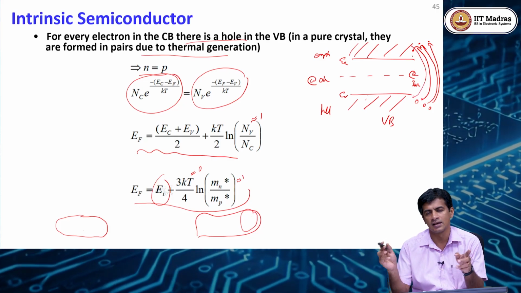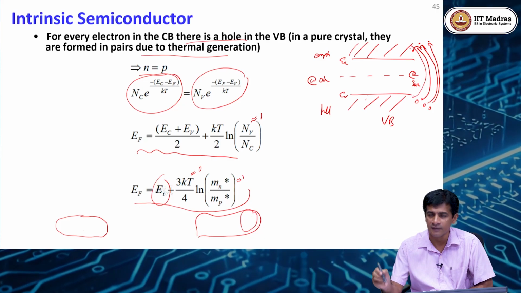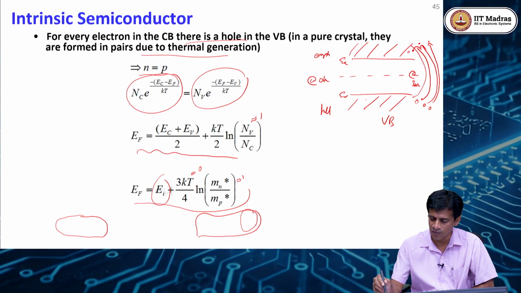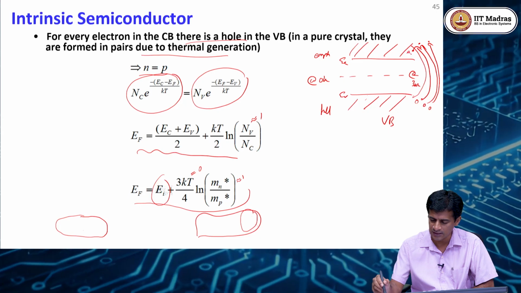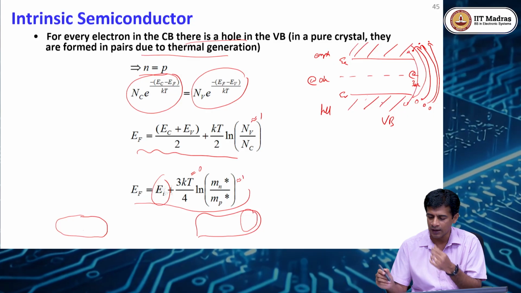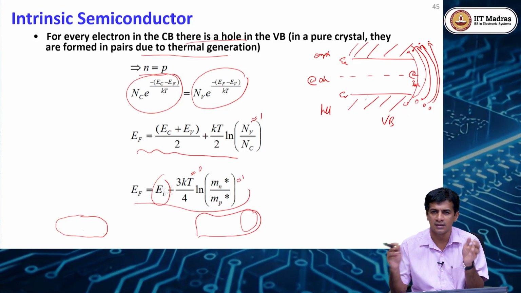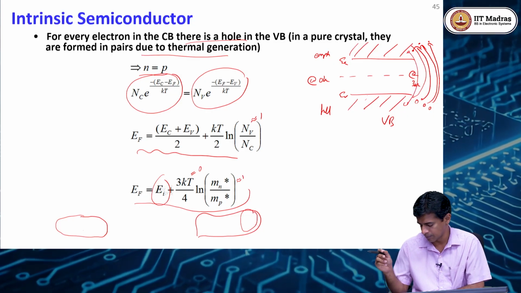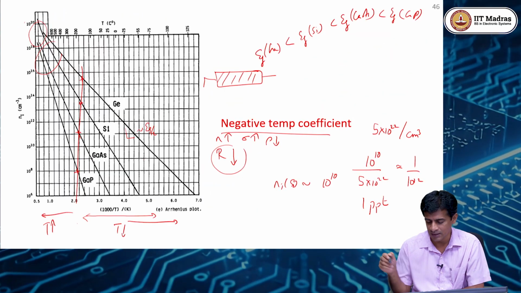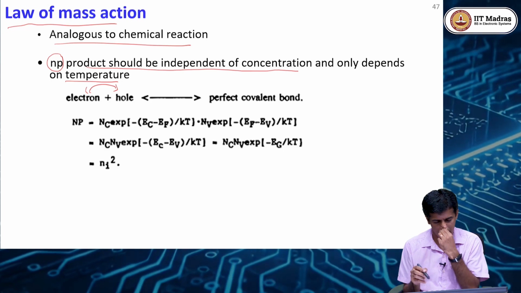Similarly, we will see later something known as recombination. If an electron comes from the conduction band to the valence band, it can recombine with the hole and become an electron in the valence band. So generation and recombination of electron-hole pairs always happen in these materials in pairs.